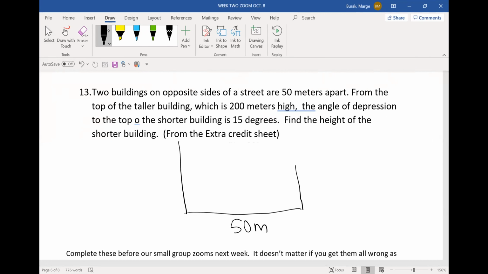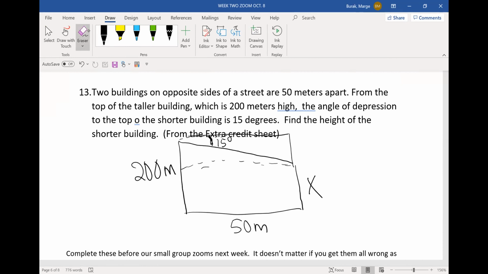From the top of the taller building, which is 200 meters high, the angle of depression to the top of the shorter building is 15 degrees. So this angle of depression to the top of that building right here is 15 degrees. Find the height of the building. That would be my X. So you'd have to figure out how to use this 15 degrees.